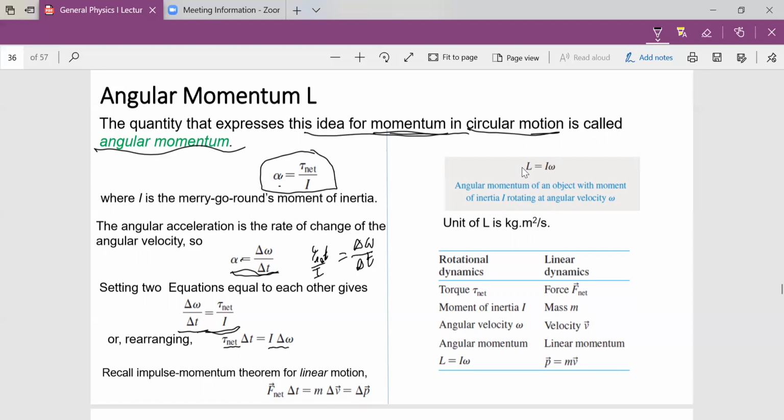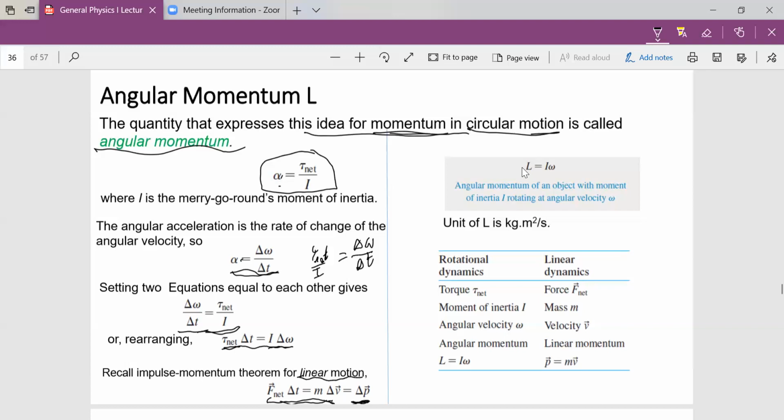We can see that in linear motion it is this expression, right? And you know the expression here in linear motion is what we describe as our change in t. Therefore, we have a representation for our angular momentum equivalent.